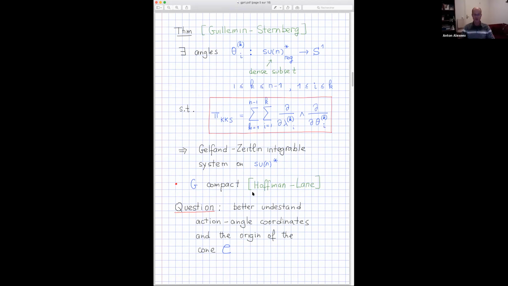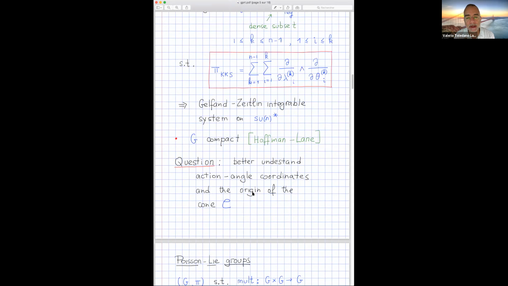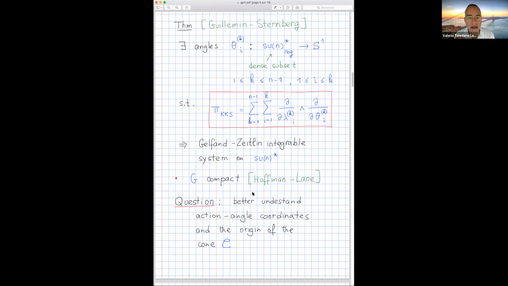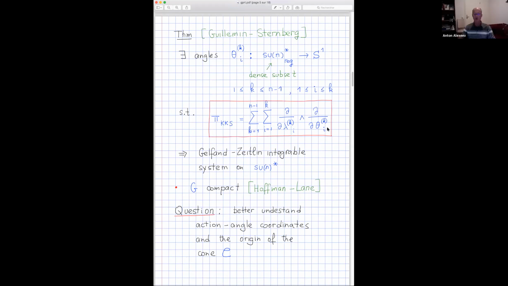Anton, yes. Can I ask a small question? Could you remind us what this dense subset is defined by? Okay, I think if all the inequalities are strict.